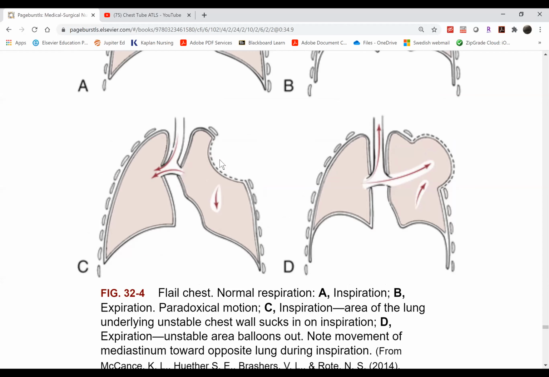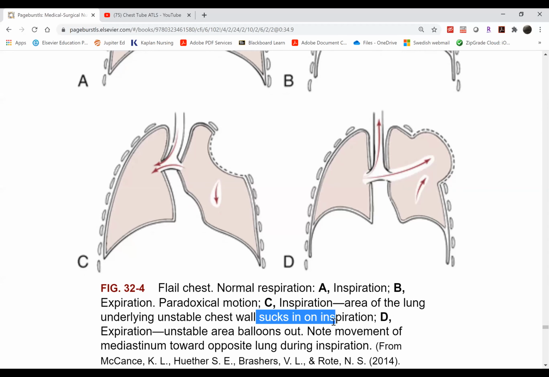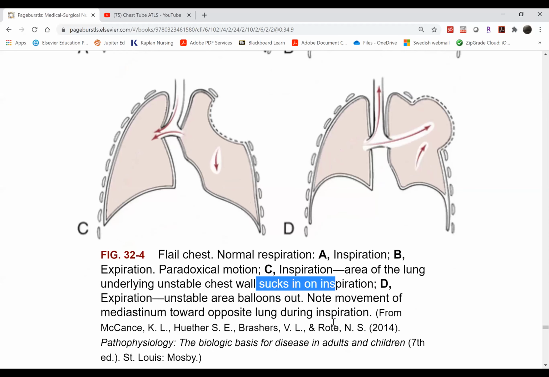Depending on where the segment is, it could be on the anterior wall, it could be on the axillary side, or it could be posterior, depending on where the broken independent section is located. So you literally see the chest wall cave in, or suck in, during inhalation, and then it pops back out during exhalation. It will always go toward the opposite side.